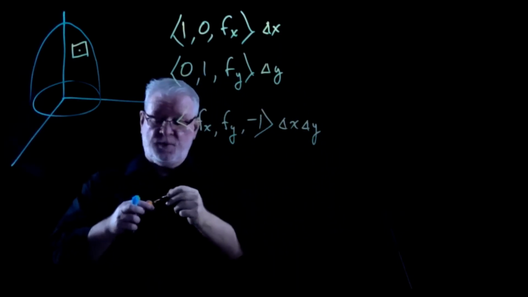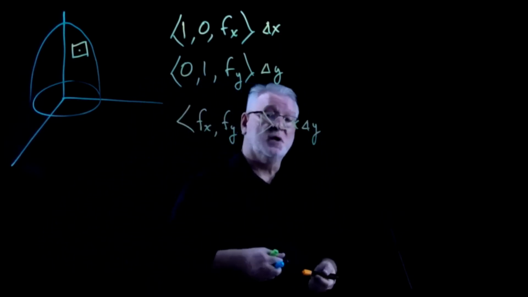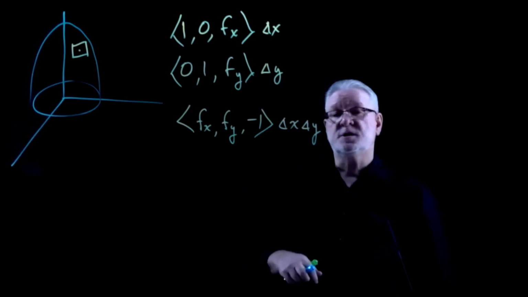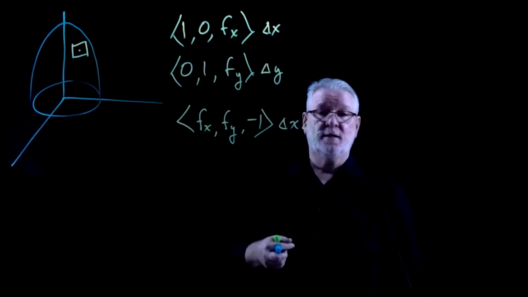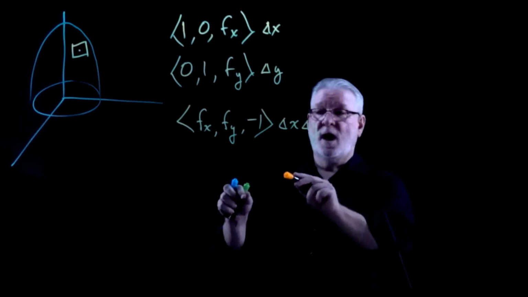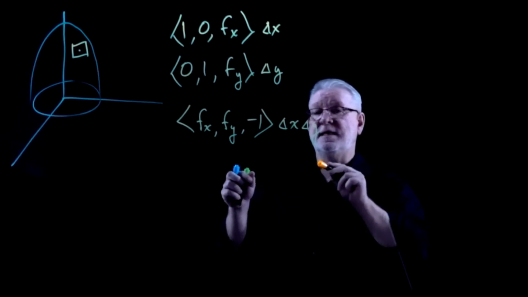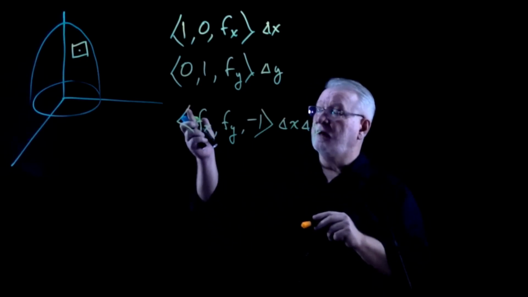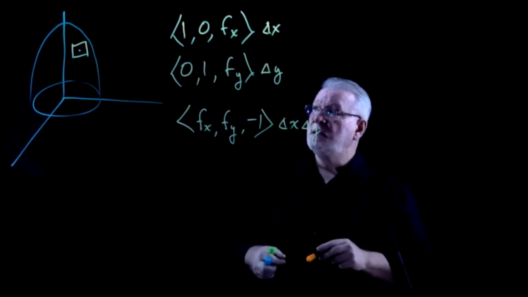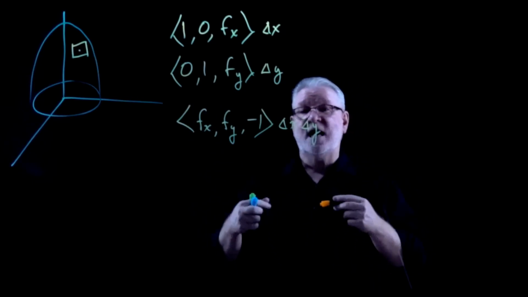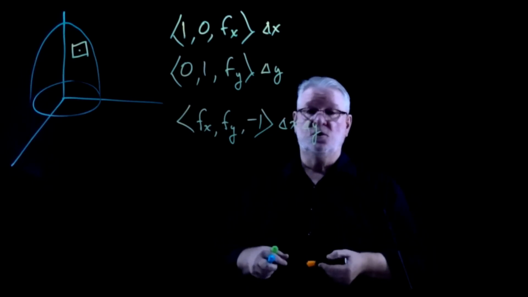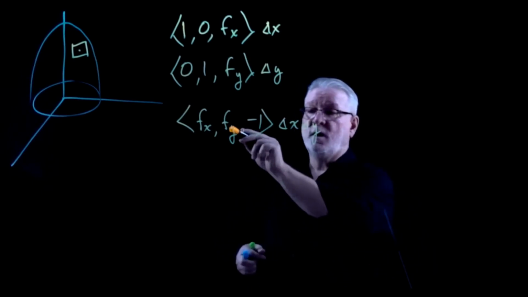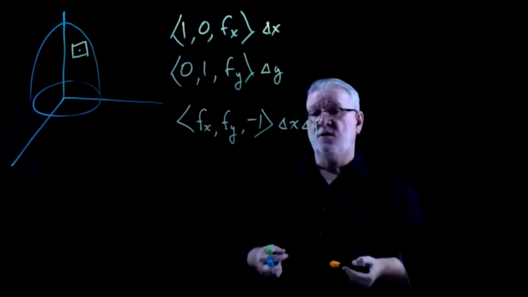Those didn't participate in the cross product because they're just scalar multiples. So now they're scalar multiples that are part of the result of the cross product. Well, if this cross product, in essence, gave me the area of that little piece, then all I need to do is find its size, and that will give me the magnitude of the area. So what I'll need to do is find the size or the magnitude of this vector.